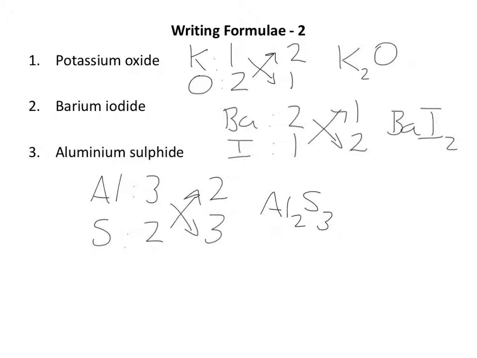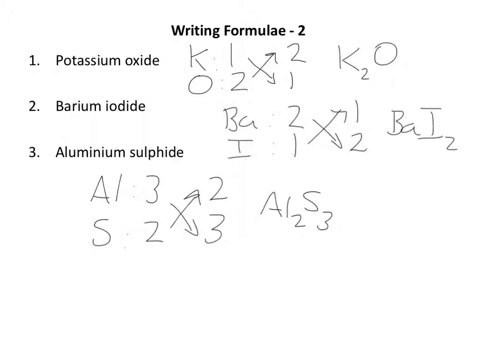Now when you start getting good at these, you generally don't write out this step here. You can do that in your head, okay? But I tend to do it when I'm teaching this, so people can see how the numbers are swapping over. You might choose to do this in your head, or you might choose to carry on doing this on a piece of scrap paper while you're doing your formulae in lessons or practicing them at home.